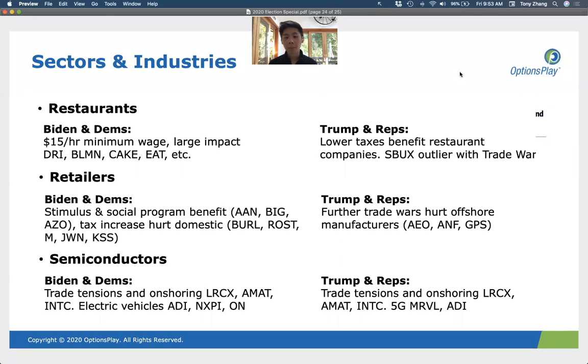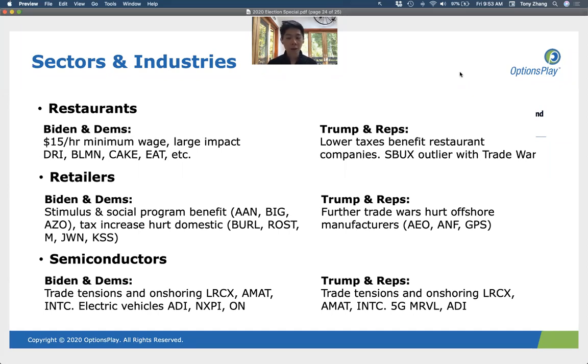So this is a complex and shifting industry that's difficult to analyze, but generally speaking, trade tensions and onshoring will benefit some of the manufacturers that allow the US to duplicate manufacturing back in the US. If you look at Lam Research, Applied Materials, Intel, these are the names that have the largest exposure and the ability to bring manufacturing back to the US, or currently do a lot of that manufacturing in the US.